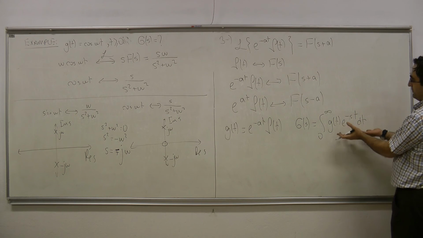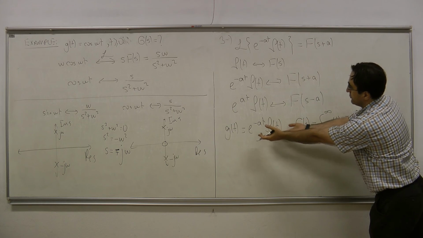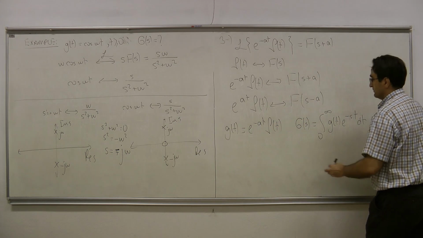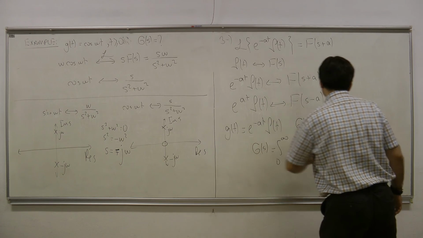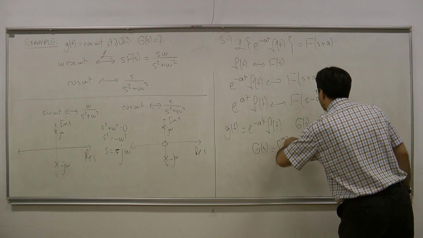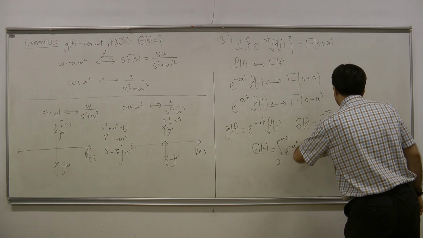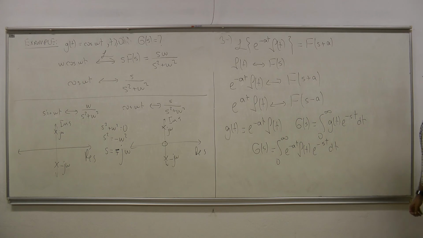This is nothing but the definition of Laplace transformation. Okay? And then I will substitute the formula for g of t. G of s is equal to the integral from 0 to infinity. G of t is this function, e to the minus at f of t, and I still have e to the minus st here, dt.